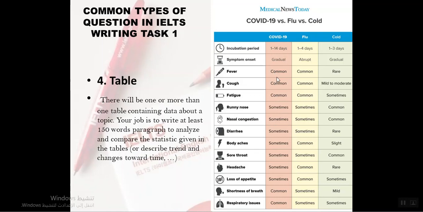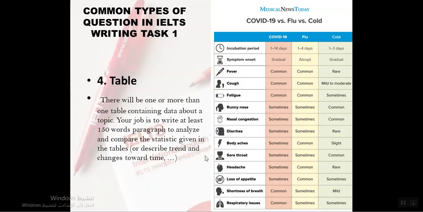If you have flu, it's also common to have a fever. But if you have a cold, it's rare. You're going to analyze and compare the statistics given in the tables, and also describe the trend if there is one.